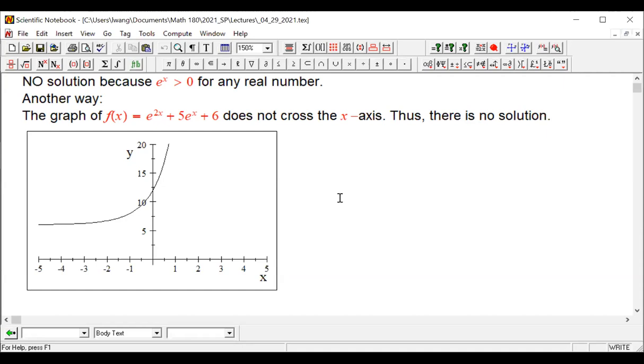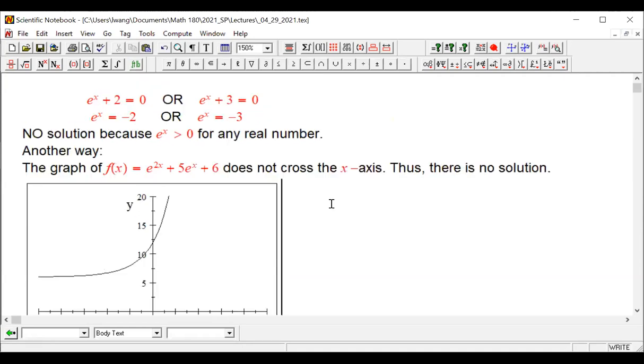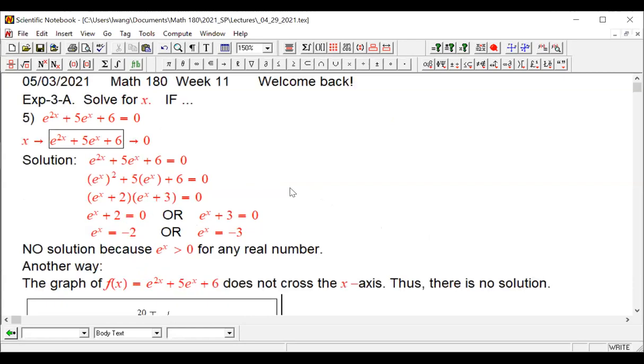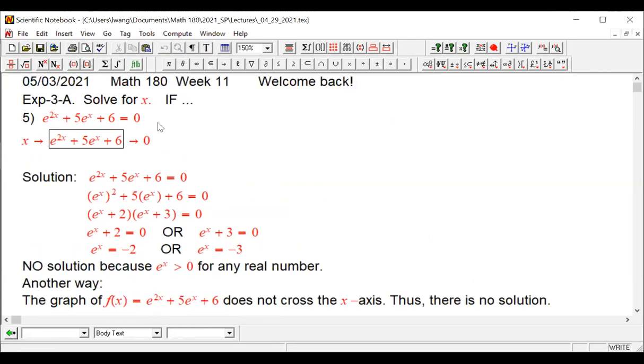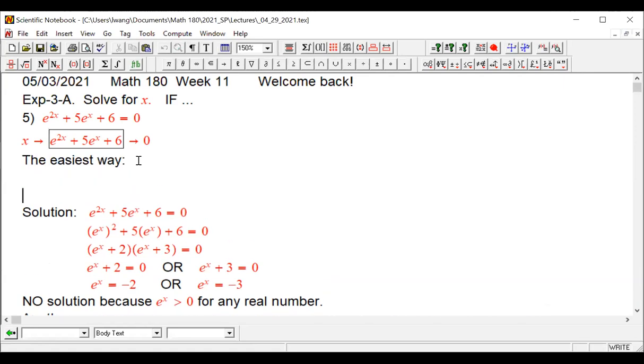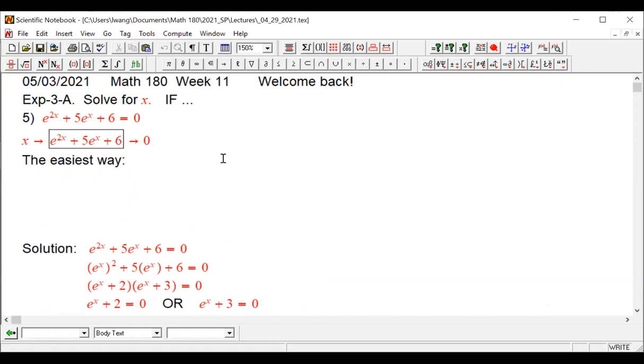But I do mean to show you another way, and this other way, I'm going to put it on the top. I would say this is the easiest way. I know a lot of you may not be quite used to this kind of narrative, right?